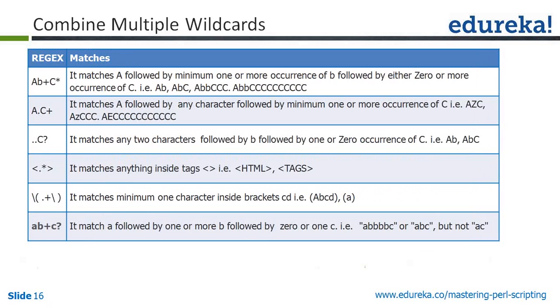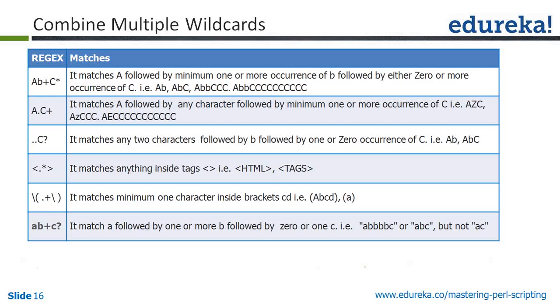Now we can combine these wildcards as we have discussed. For example, AB plus C star, A dot C plus dot C question mark, again two characters followed by 0 or 1 occurrence of C. If we want to match HTML tags or XML tags, we can put angle brackets, and between them we can put anything we want.